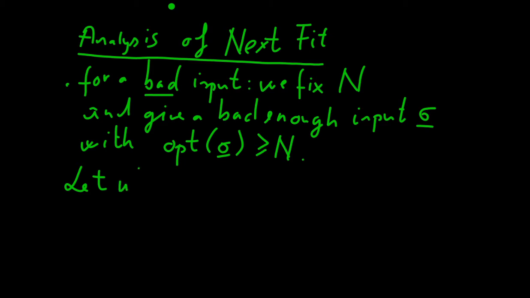So let sigma be the following input. It's, say, 1 over n, and then I'm having 1 minus 1 over 2n.